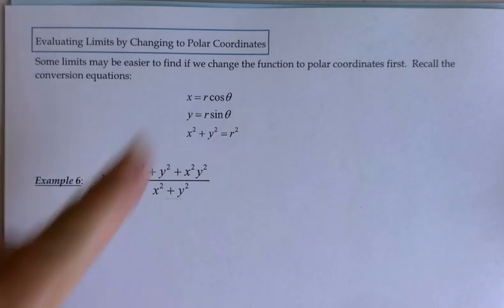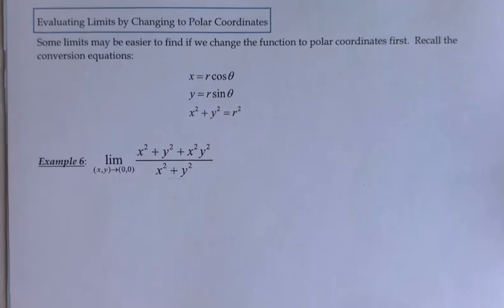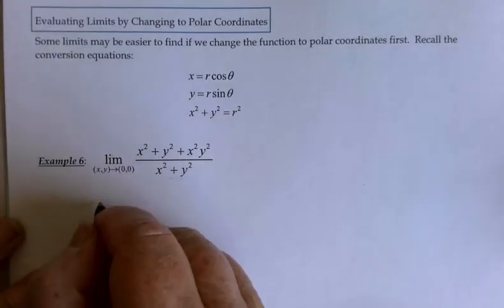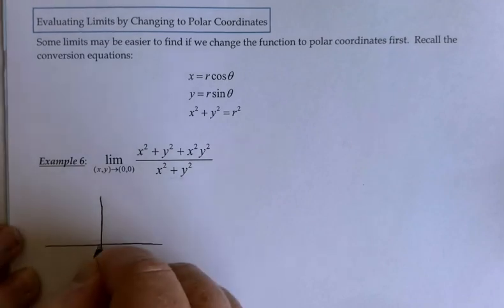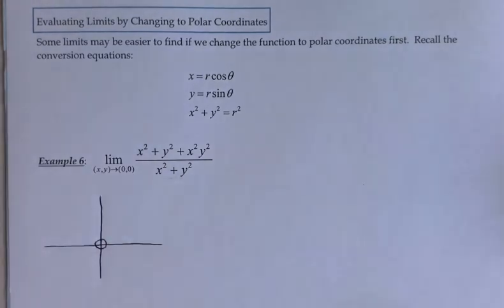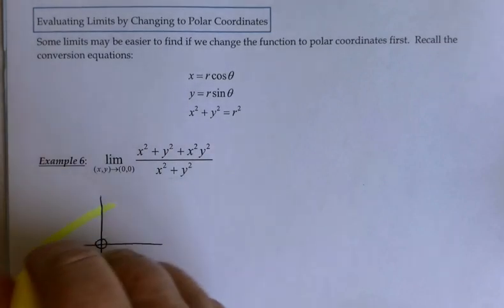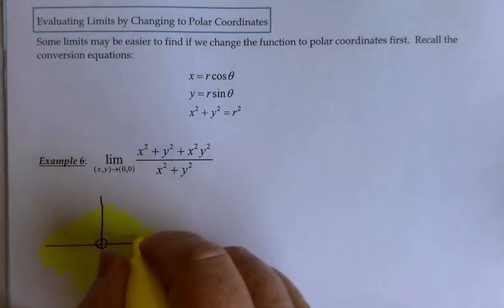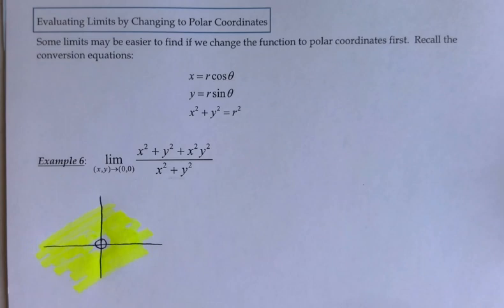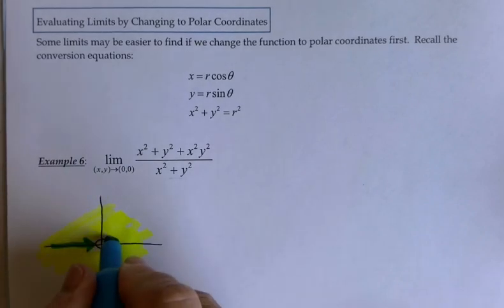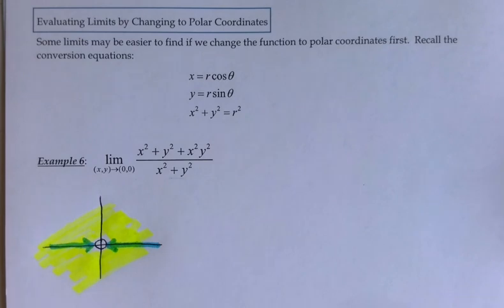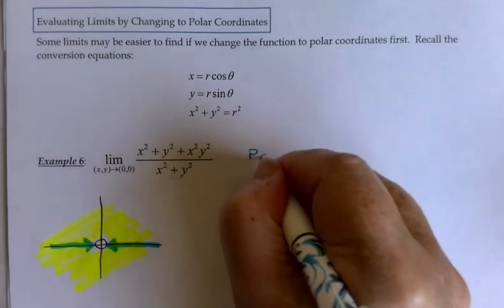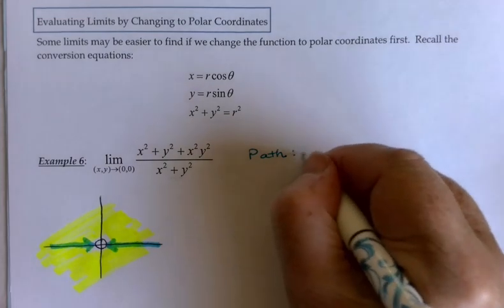And then we're going to go back and talk about this method that I've shown you here in the headline. So let's go ahead and say, yep, once again, our domain is just going to be missing that point 0, 0. And the domain would be anything else. If I go ahead and approach upon my usual first choice of paths, the x-axis, I'm just going to call this the path because I'm only going to do one this time.